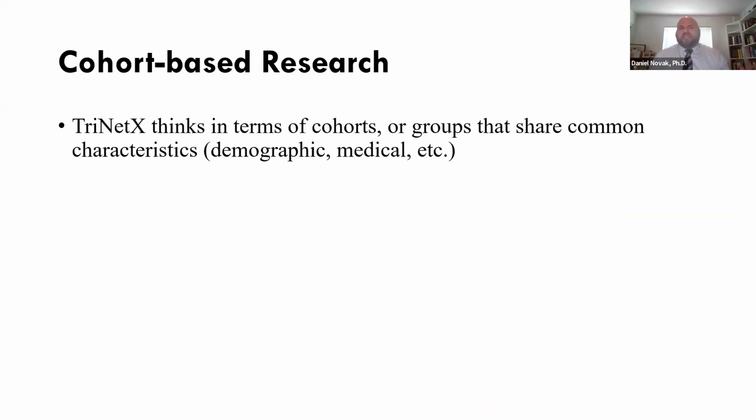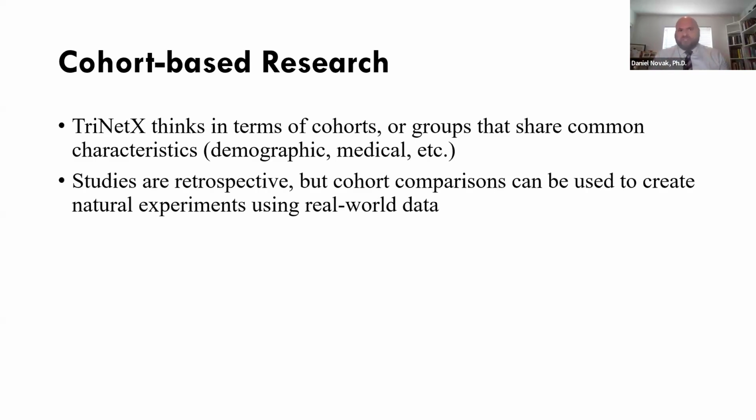But one of the useful features of this is helping students understand cohort-based research. That is looking at cohorts and at how folks that share common characteristics, be they demographic or medical, how those can impact their outcomes over time, and that can be really useful. The studies are retrospective, but cohort comparisons can be used to create natural experiments using real-world data.